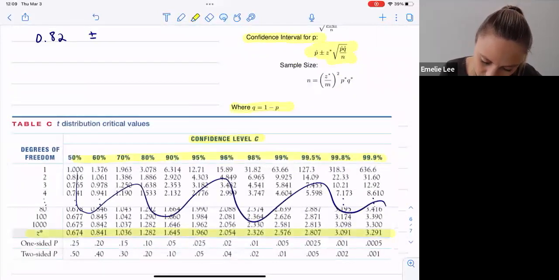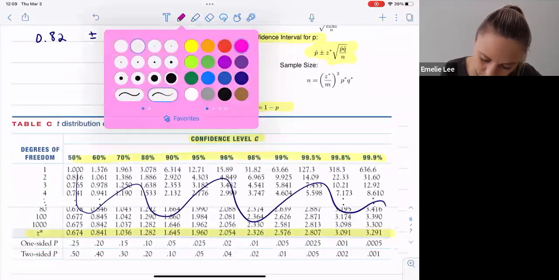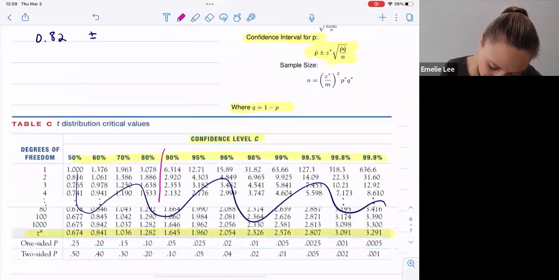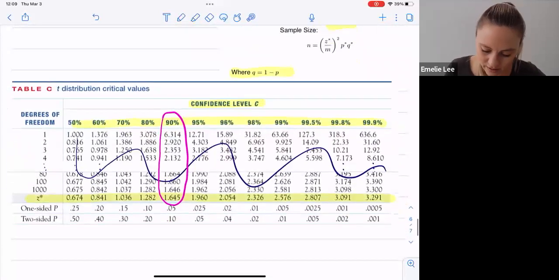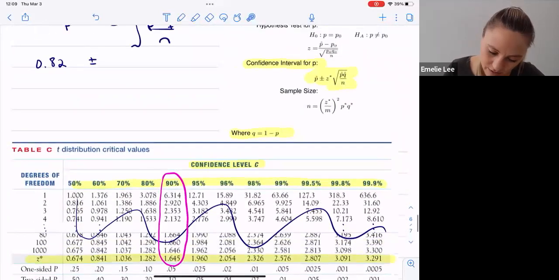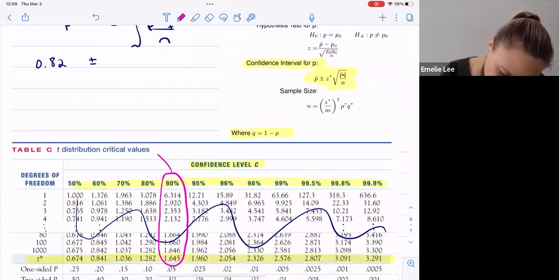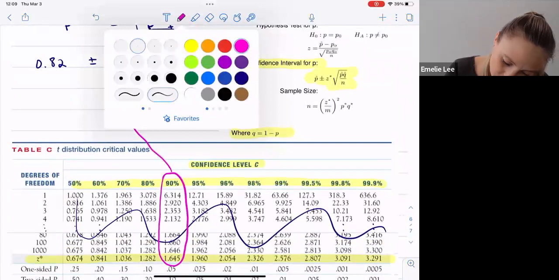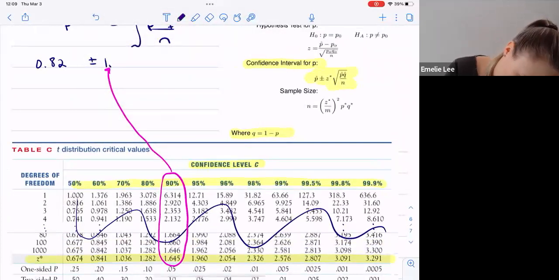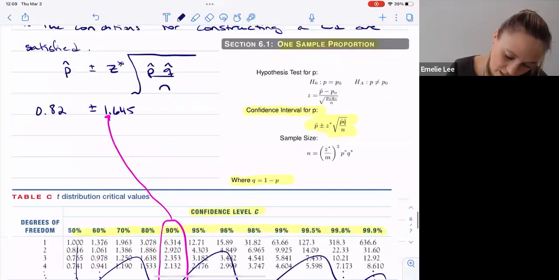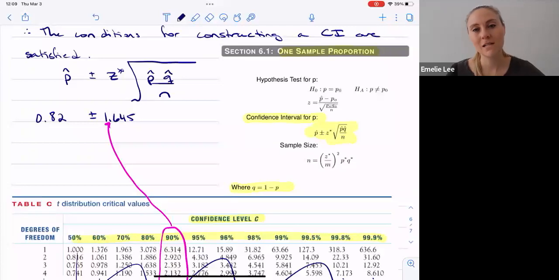So for a 90% confidence interval, z star is going to be 1.645, right? So here I have 1.645. That's the only thing that dictates the width or the confidence level of my interval.